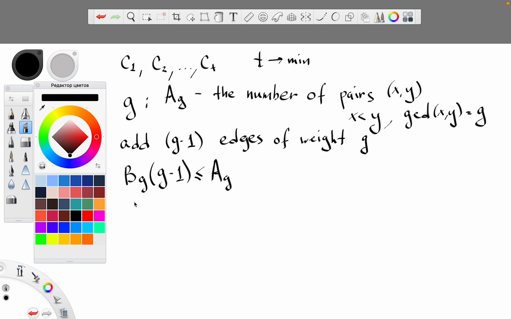Okay, cool. So we want to minimize the sum of bj, having this condition, and also we have the condition that we should add exactly m edges.